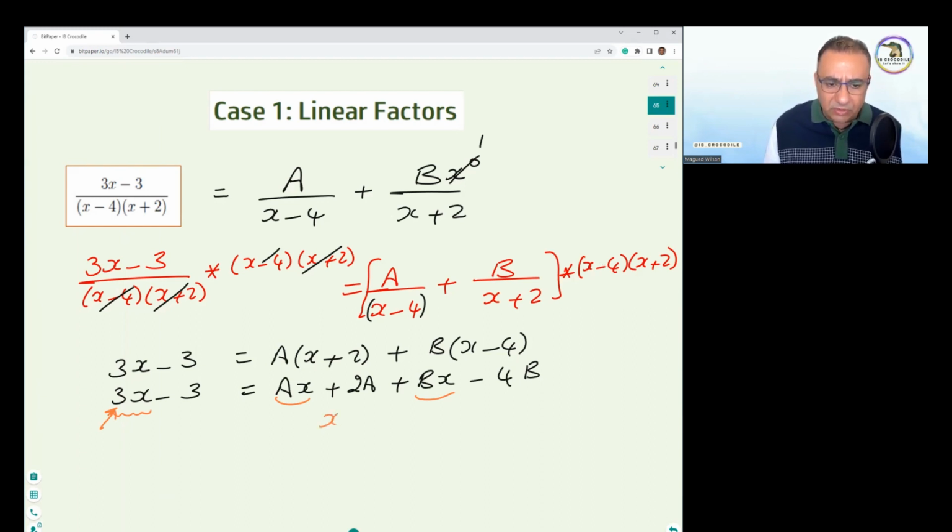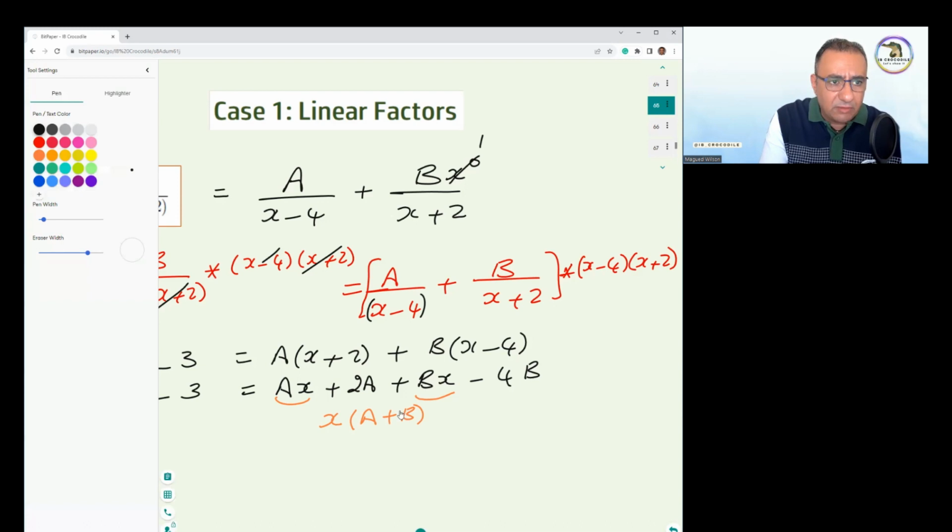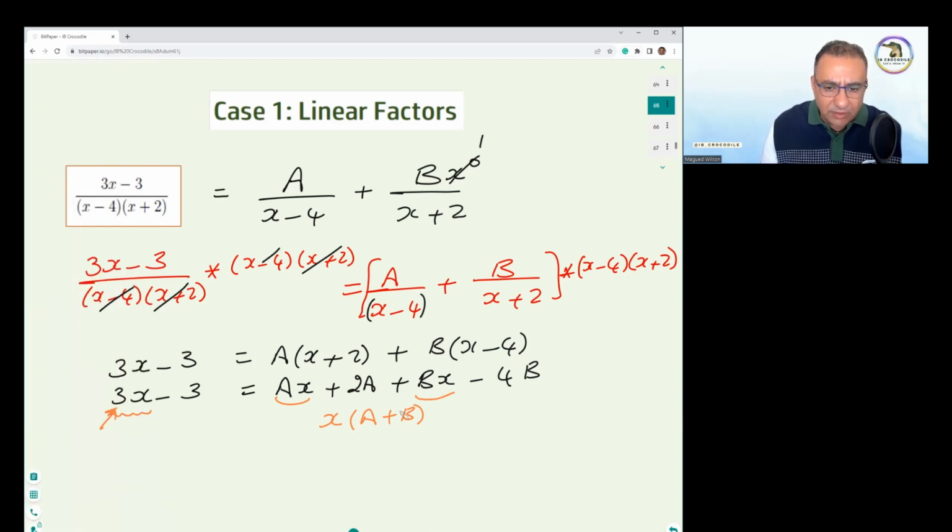So that implies a plus b is equal to 3. Just comparing coefficients, a plus b, the coefficient of x on the right hand side, is equal to the coefficient of x on the left hand side.